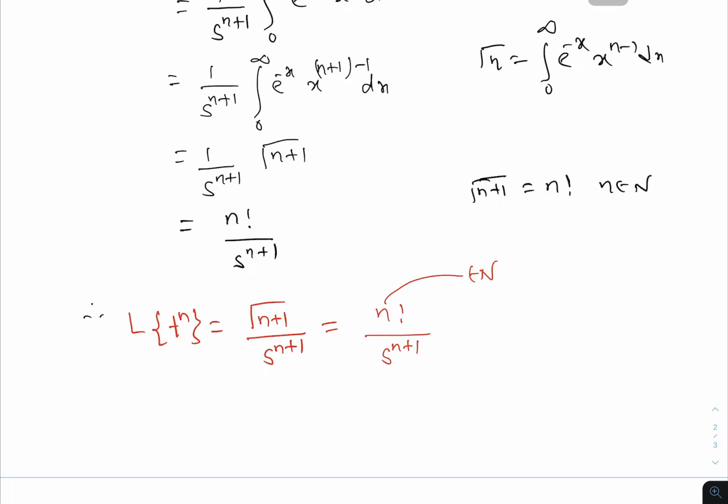So that is the formula for the Laplace transformation of t to the power n. Okay, let us take one more.